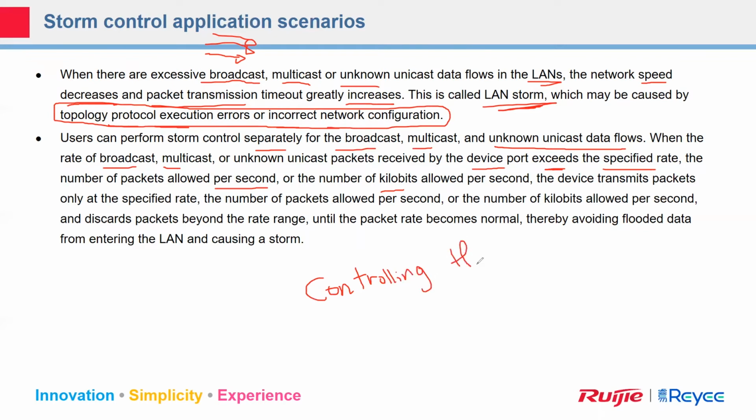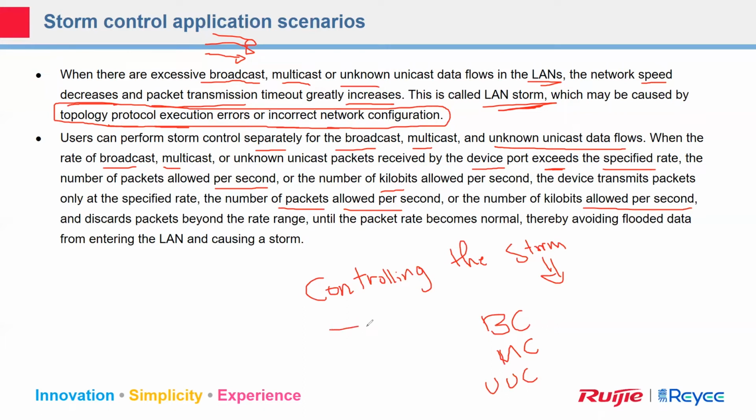the storm that might happen because of broadcast, multicast, or unknown unicast. The number of kilobits allowed per second, as you can see, is very important. And the number of packets allowed per second.